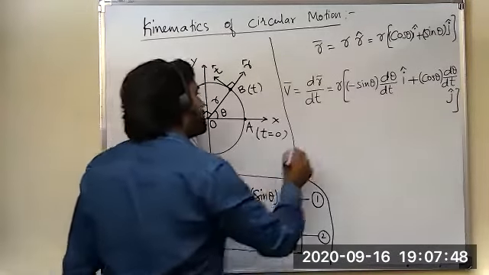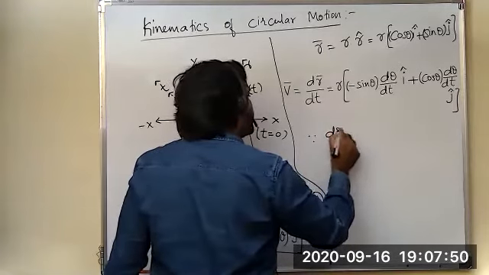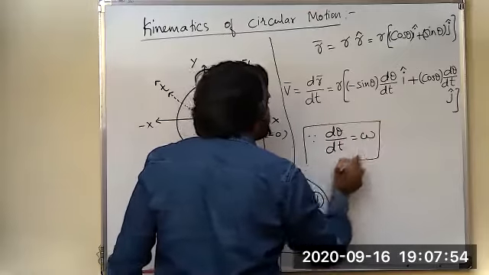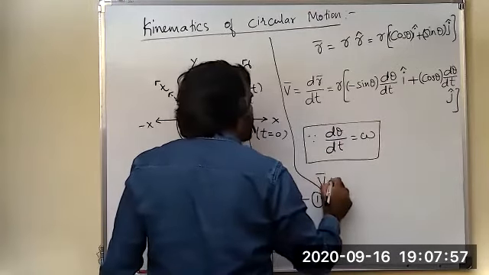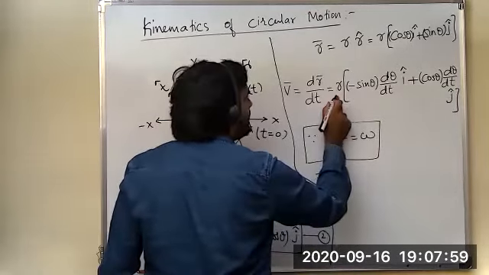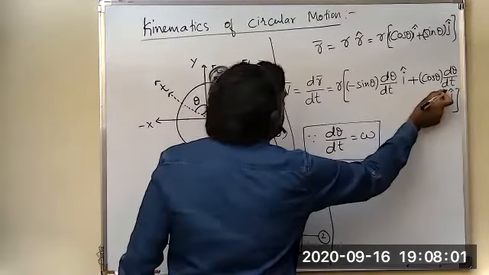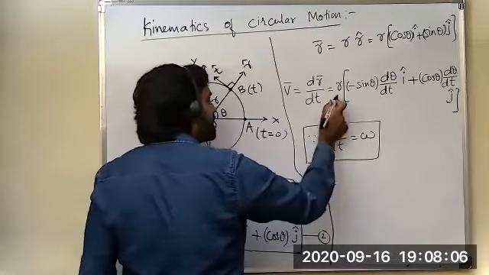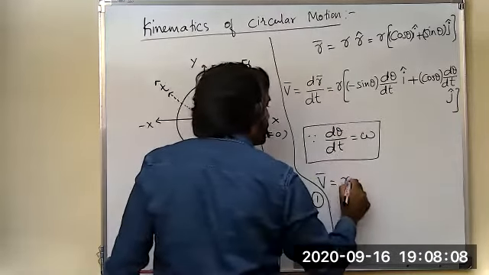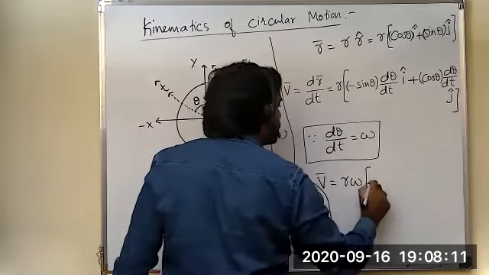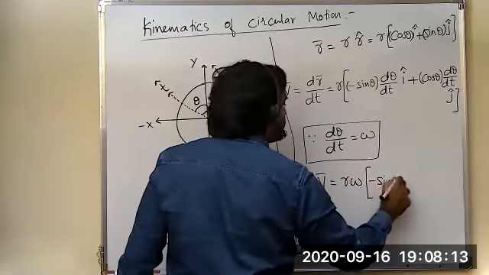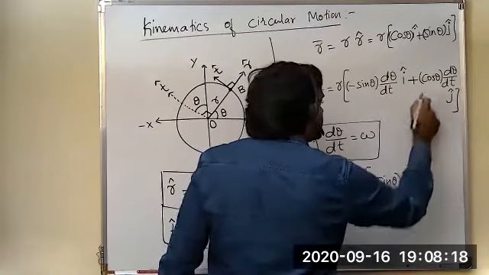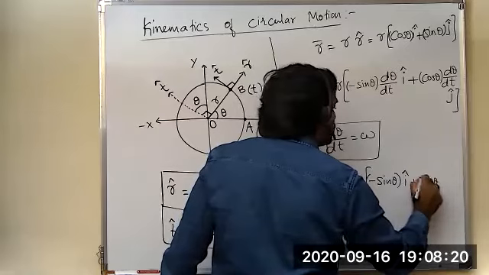But see, students, d theta by dt is always written as omega, the angular velocity. So the simplified form of v bar can be written as follows: d theta by dt can be written outside, and you can replace d theta by dt with omega, guys. Then the simplified form you are getting is r omega into minus sin theta i cap plus cos theta into j cap.